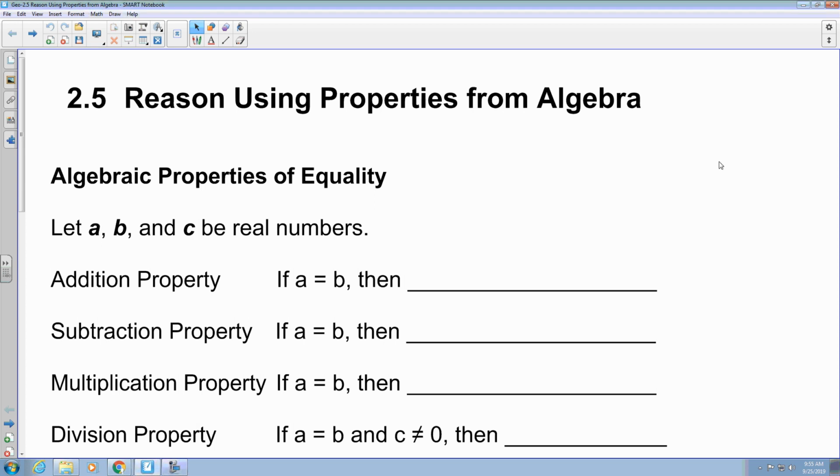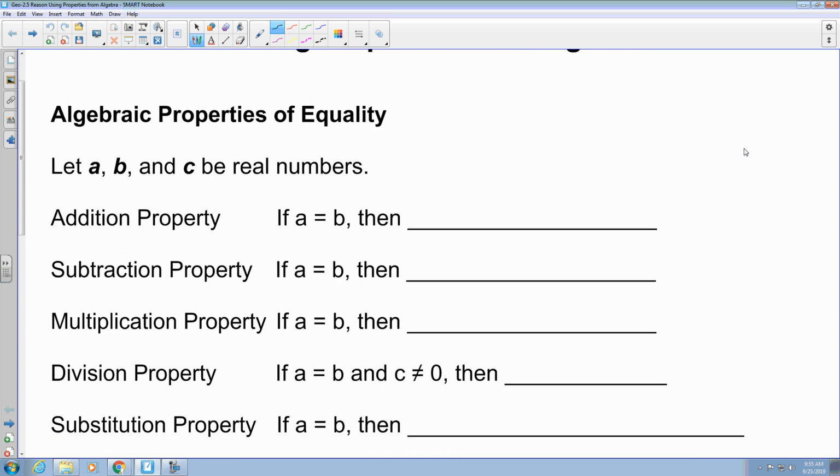All right, we are in section 2.5 where we're going to reason by using the properties from algebra. So first things first, we're going to take a look at some properties that are going to help us solve different algebraic equations, where we use them all the time.